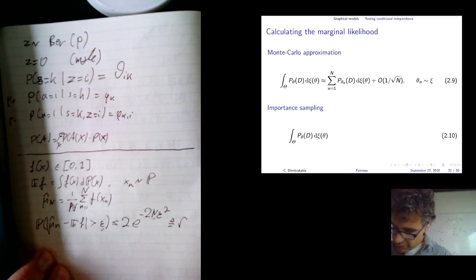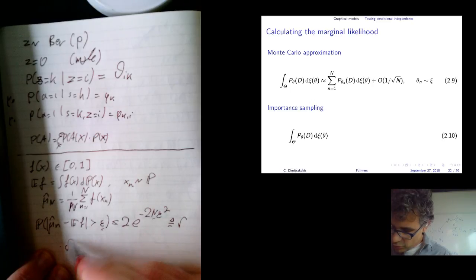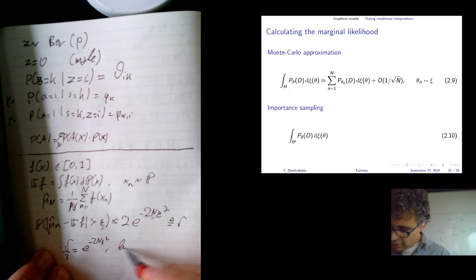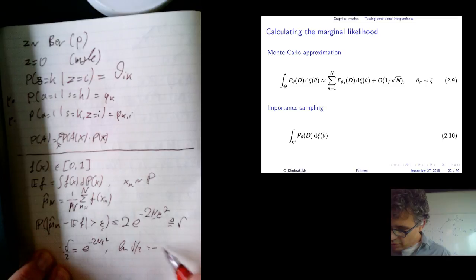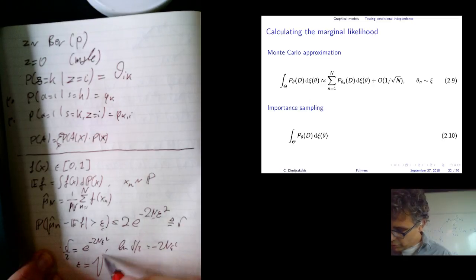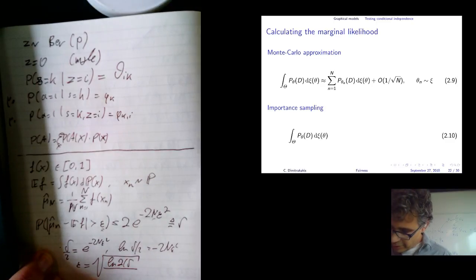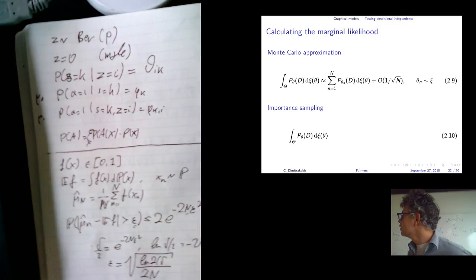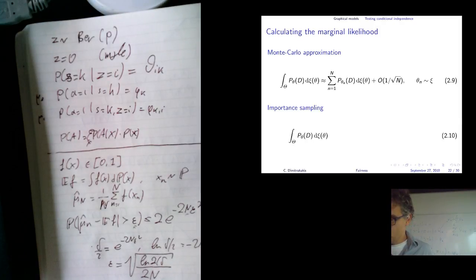So now you can write delta over 2 is equal to e to the minus 2n epsilon squared, and that means that ln of delta over 2 is equal to minus 2n epsilon squared, which basically tells you that epsilon is the square root of ln of 2 divided by delta, and then divided by 2 times n. Okay, so this is what is called the Hoeffding inequality.